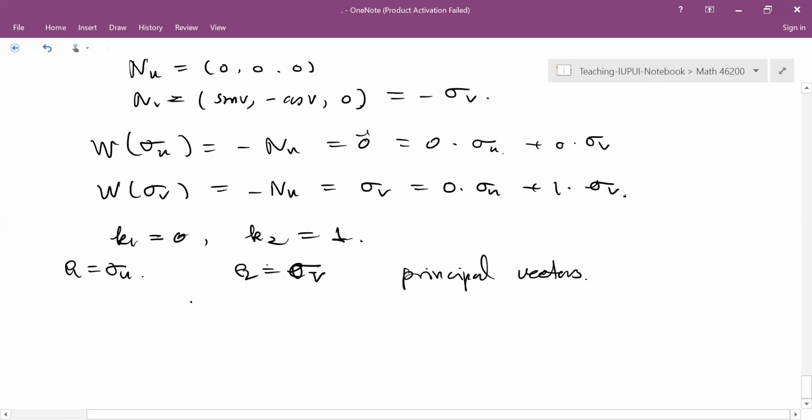Of course, the product of these two curvatures is going to be 0, because the Gauss curvature is 0.